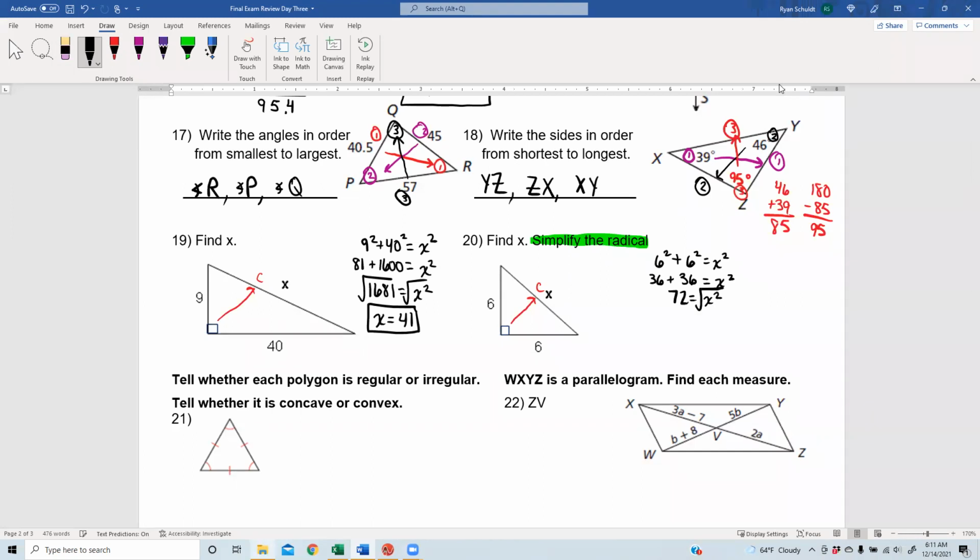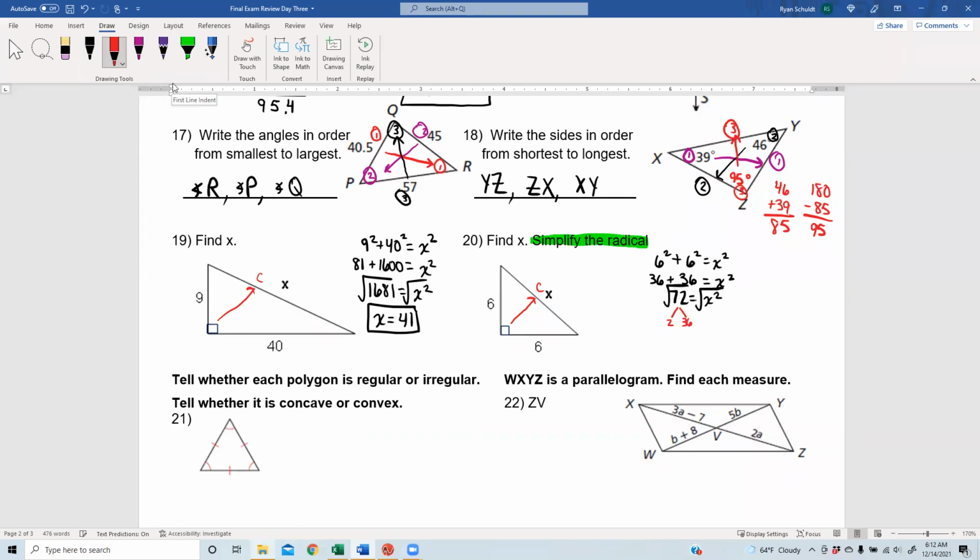And then, of course, I want to square root it. This is where the simplify the radical comes in. We're not going to say that that's whatever the square root of 72 is. We want to simplify. So what times what can give you 72? I'm going to say 2 and 36 because I just did 36 plus 36. So 36 goes into it twice.